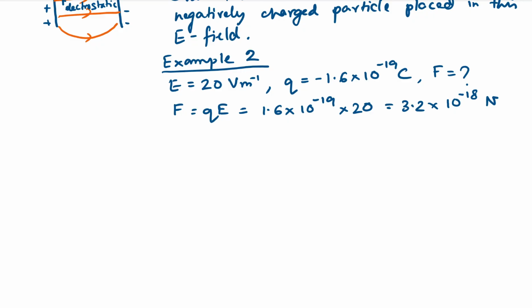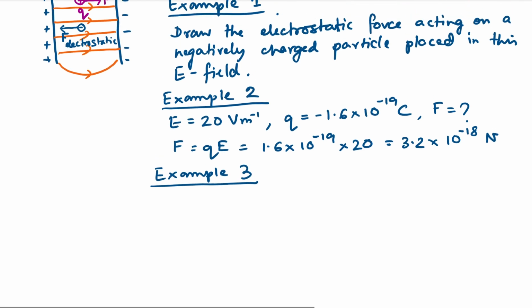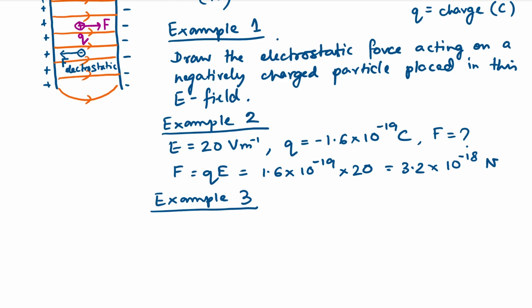Let's say, for example 3, we might have to describe what will happen to this electrostatic force as the charged particle is moving through the electric field. So if I let this negatively charged electron move in this electric field, basically it will start moving to the left.